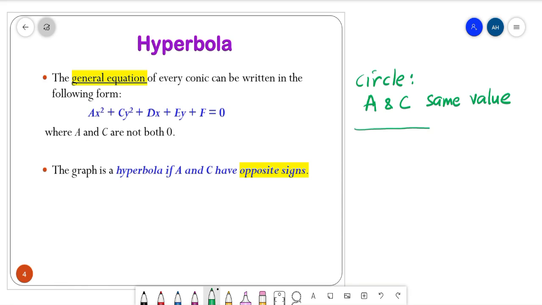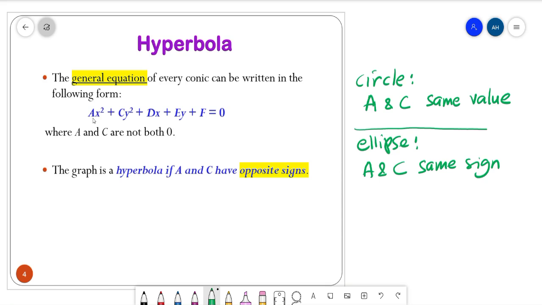Now, how about the ellipse? What are the values of a and c? For an ellipse, the values of a and c must be of the same sign. What we mean by same sign here is in terms of positive and negative.